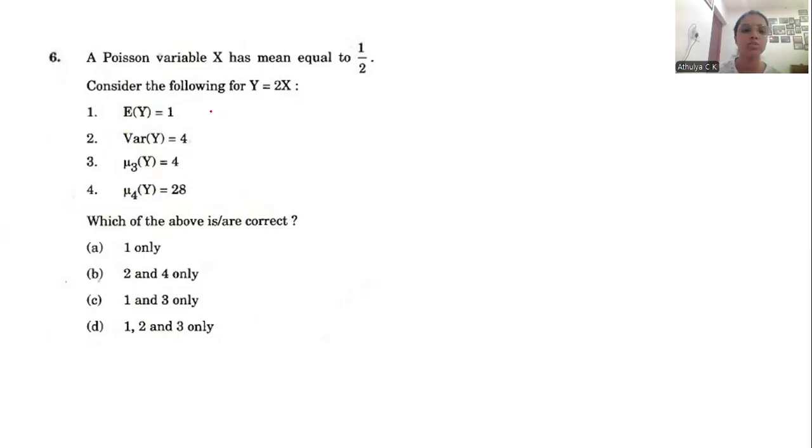In order to find the expectation, variance, mu3 and mu4 of y, we are given the mean of x. The random variable x follows a Poisson distribution with mean equal to 1 by 2, that is lambda is equal to 1 by 2.